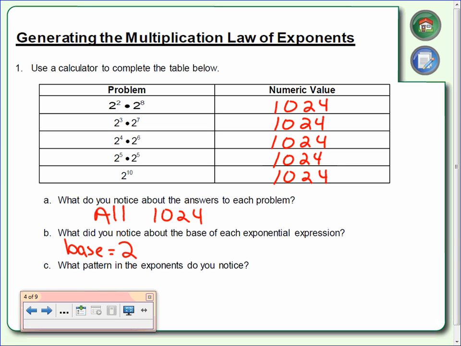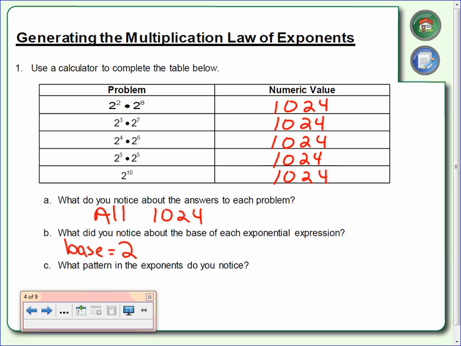What pattern in the exponents do you notice? Did y'all notice any pattern within the exponents? They always equal 10. Look at that first one. 2 plus 8. Notice how that equals 10. 3 plus 7. Notice how that also equals 10. 4 plus 6 equals 10. 5 plus 5 equals 10.